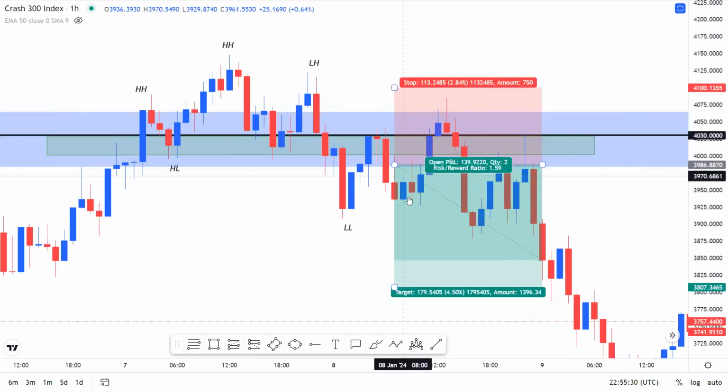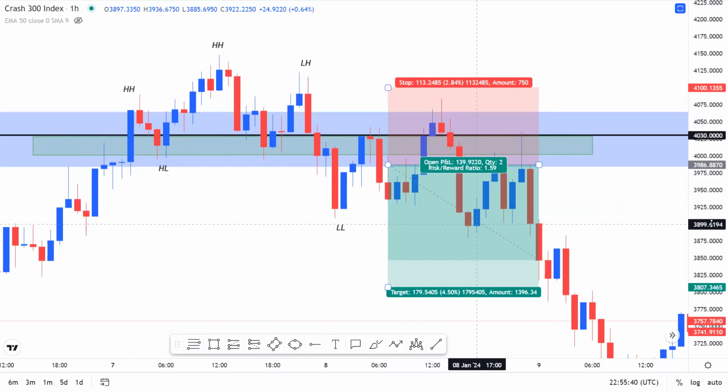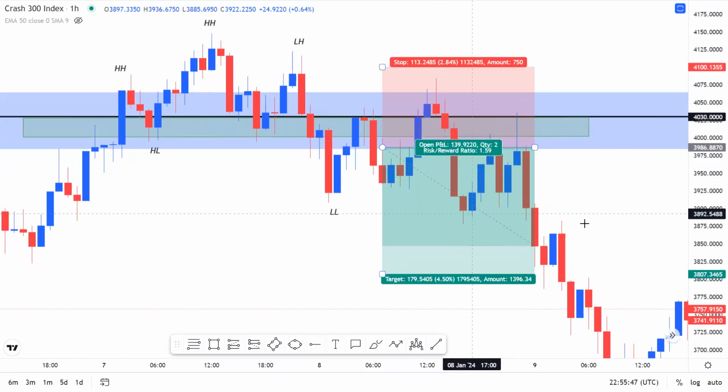So we had this nice buying that gave me a little bit of drawdown, but you can notice what come right back into profit.